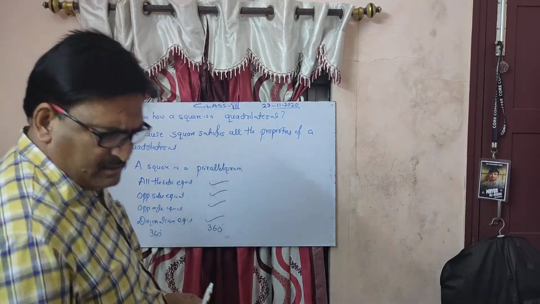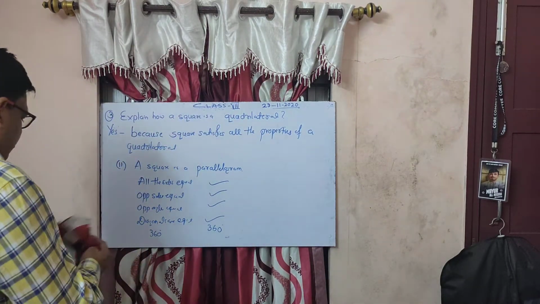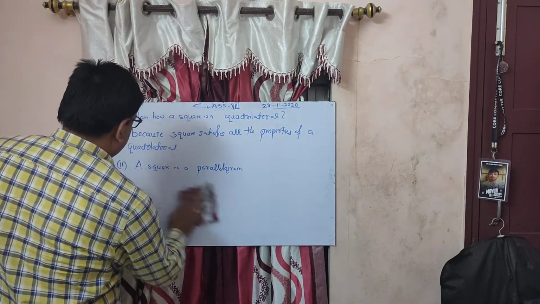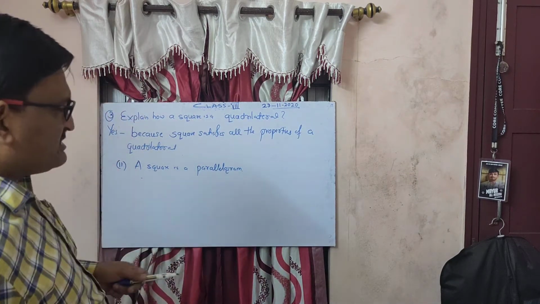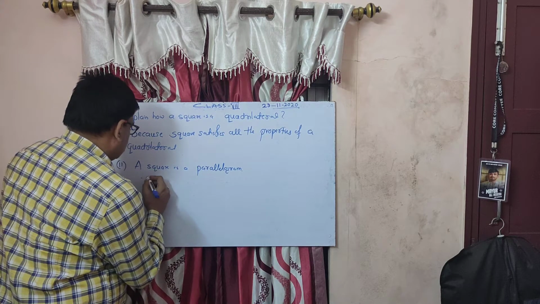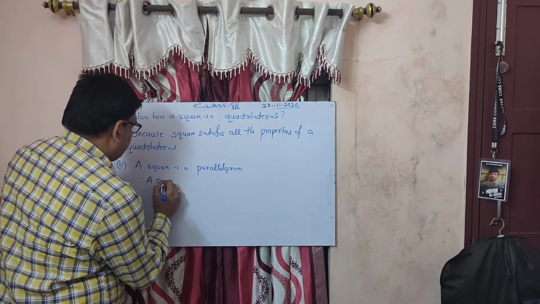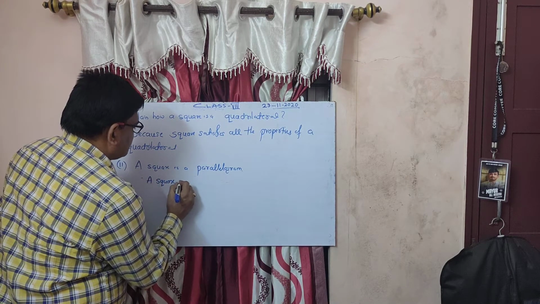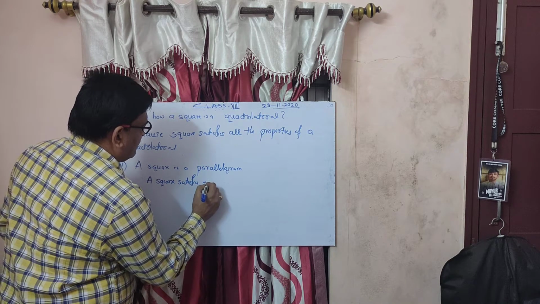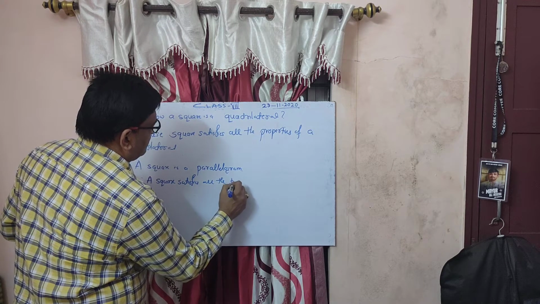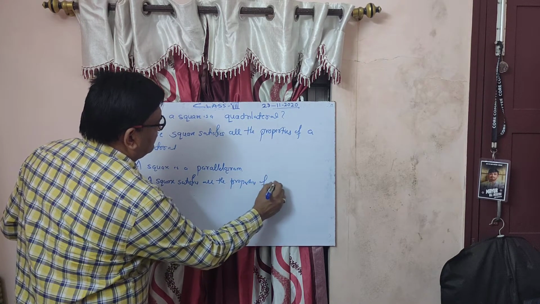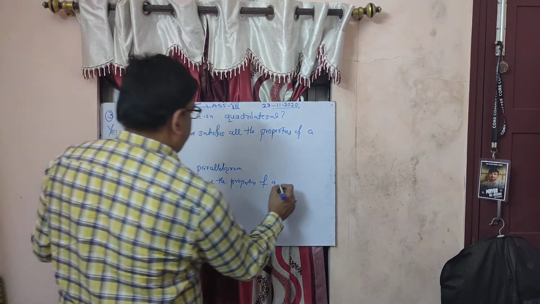Means by looking at the various properties, explain how means you have to say a square satisfies all the properties of a parallelogram.